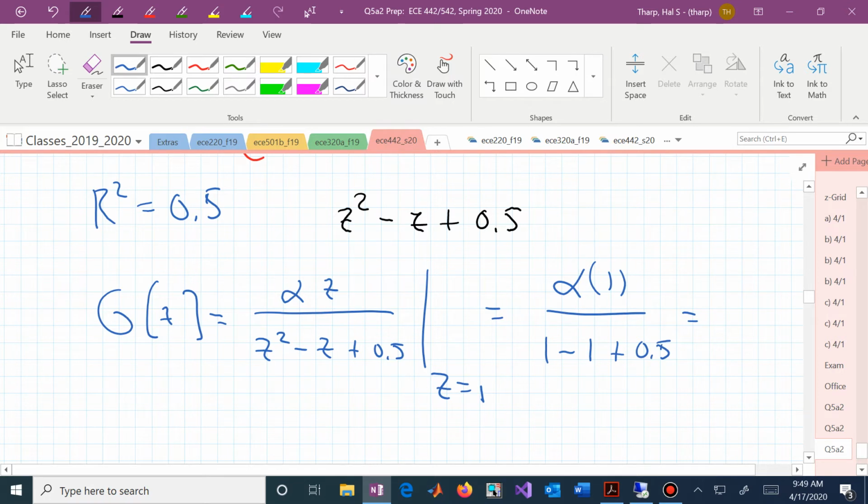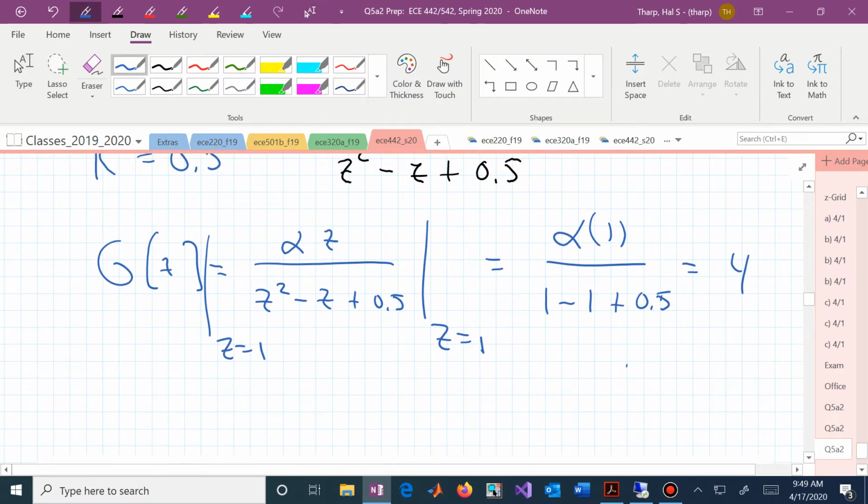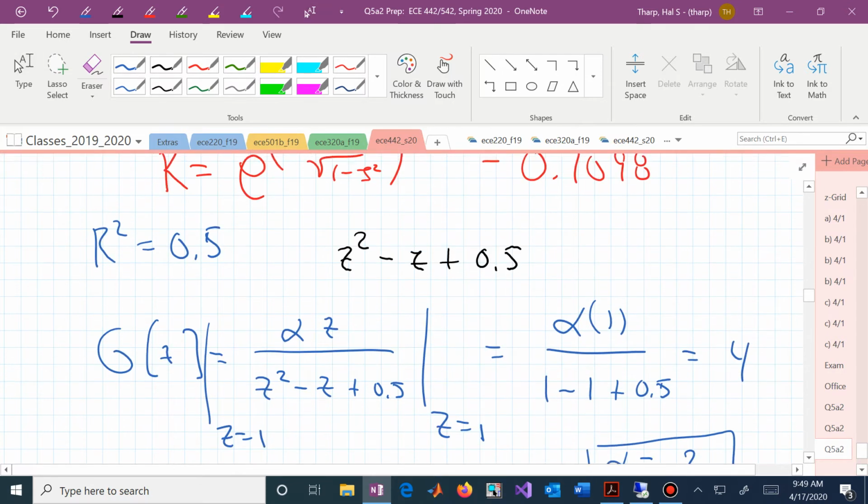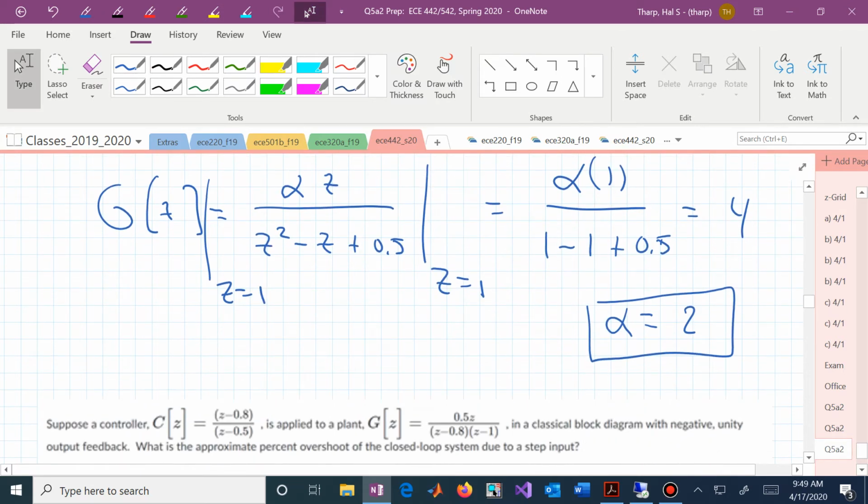And we know that DC gain, so this is G of z evaluated at z equal to 1. This is now equal to 4, so that alpha is 4 times 1/2, or 2. And that should now help you find your G of z expression that is the appropriate transfer function for that problem.